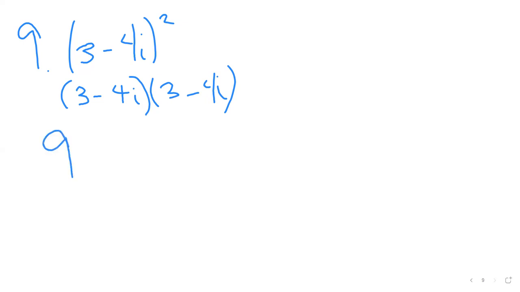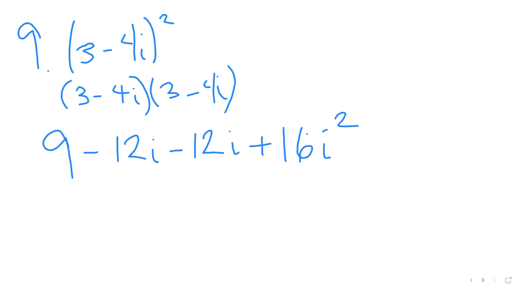We've got first 3 times 3, outer 3 times negative 4i, inner negative 4i times 3, and last negative 4 times negative 4 for 16, and both of those have i's on them as well for i times i, or i squared.